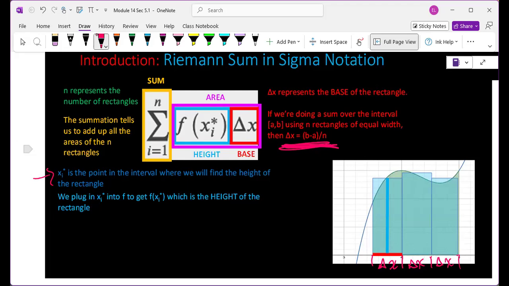So here, this is whichever height we're going to pick. So it could be the left endpoint, it could be the right endpoint, it could be the midpoint. We'd figure out a formula for whichever x value we want and put it in there. Most of the time, though, we stick with the left endpoints because there's less thinking involved.